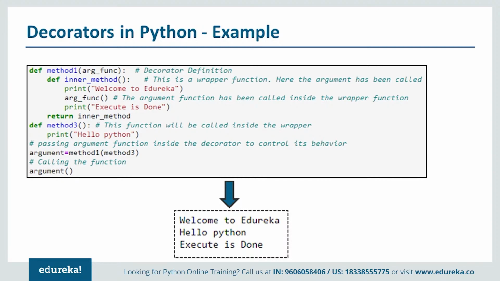In which the function is provided, I'm passing method 1 as a function to the argument here, but also I'm giving method 3 as an argument to method 1. And once this is executed, you will see the end result like "welcome to Edureka", then "hello Python" is executed and then "executed" there. So with this you will be able to see these 3 different outputs executed all together, and you will get a series of details or information about this. So this is how decorators are used and implemented in the Python programming language.